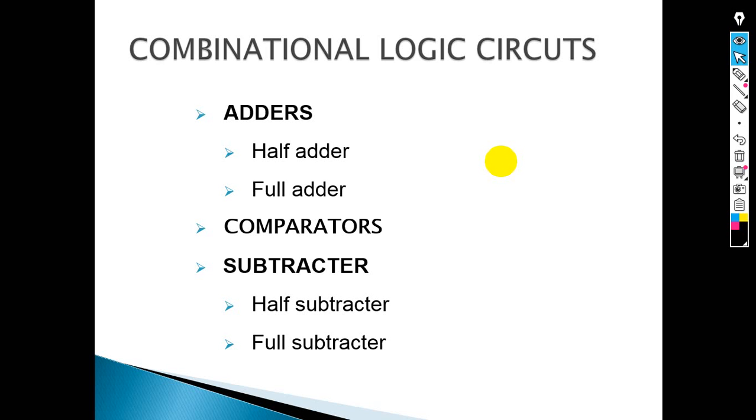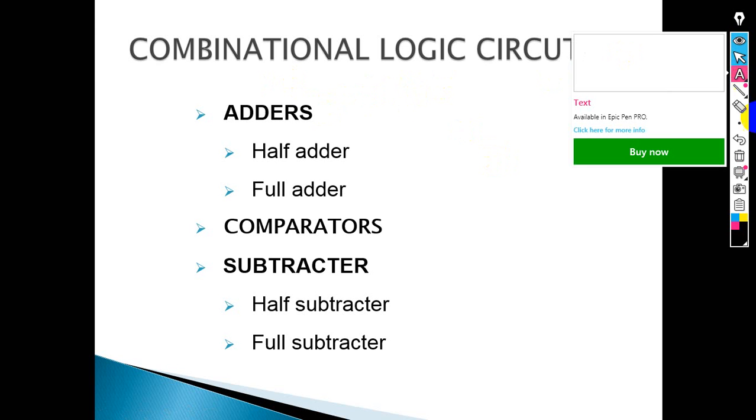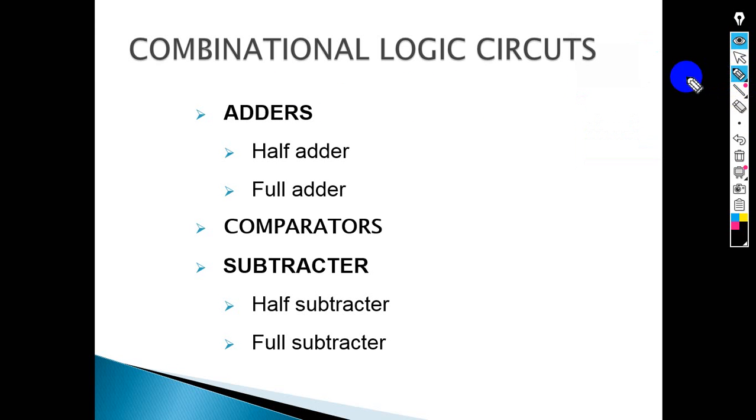The combinational logic circuit is a circuit which is made of the basic logic gates, which are NOT gate, AND gate, OR gate, and XOR gate.